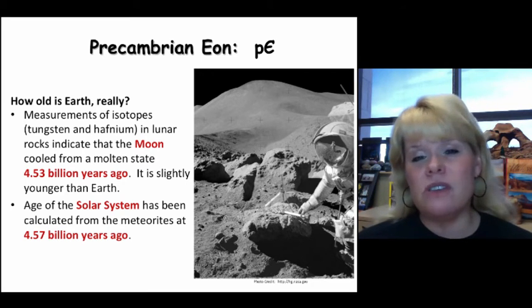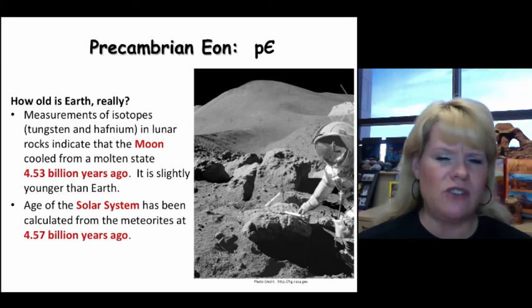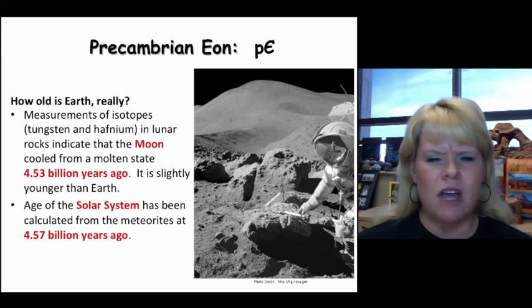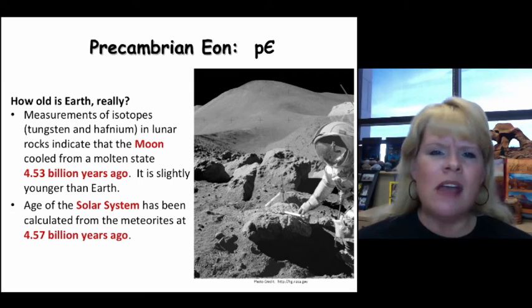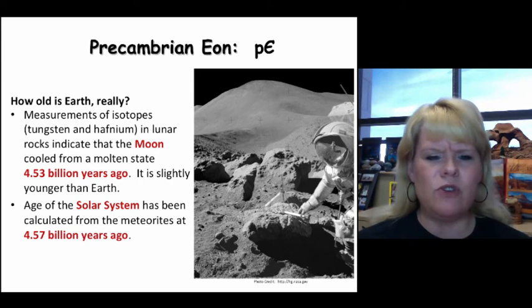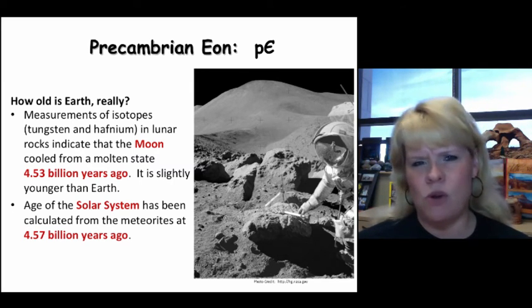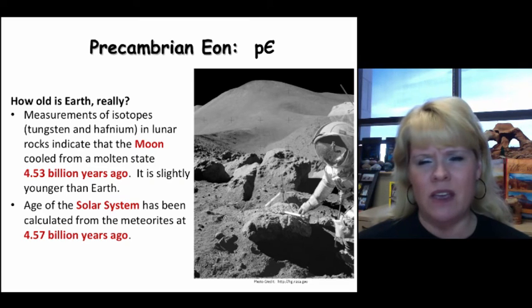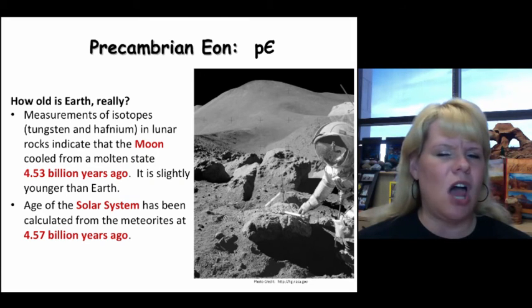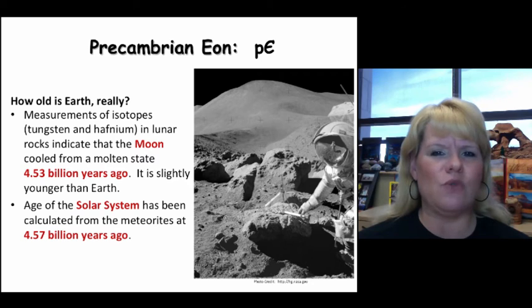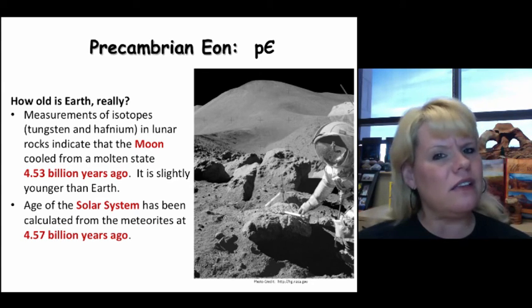And the Apollo mission successfully answered most of those questions. We know that isotopes of tungsten and hafnium in lunar rocks have provided us with a very important age date for the moon. And the age date of the moon clocks in at 4.53 billion years old. So slightly younger than Earth.